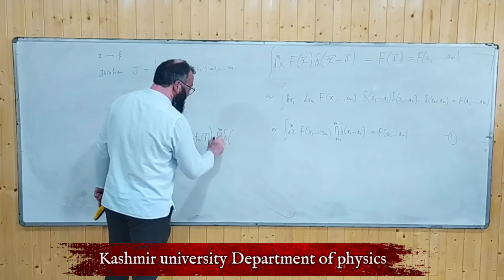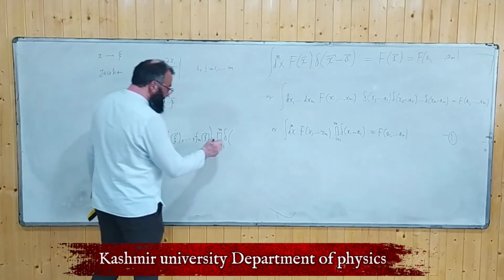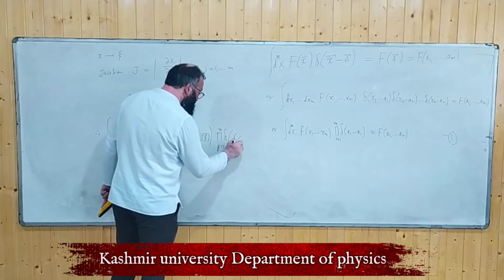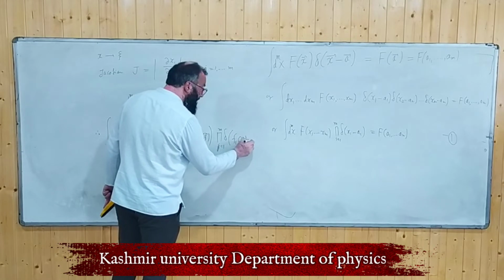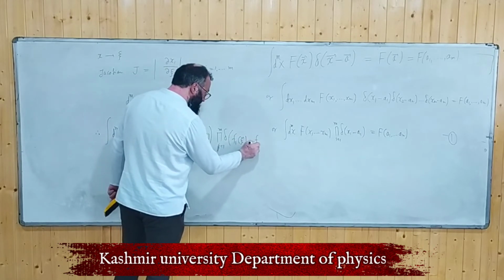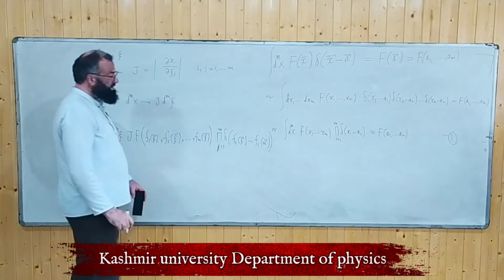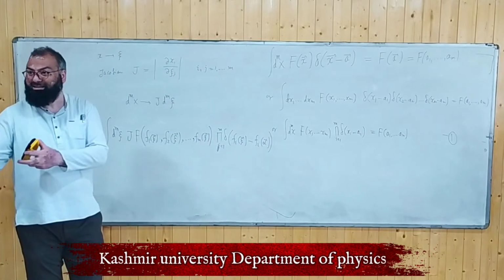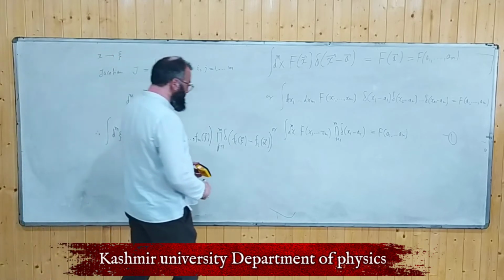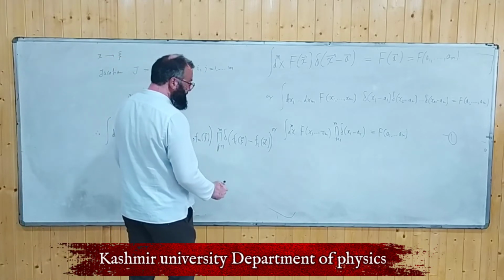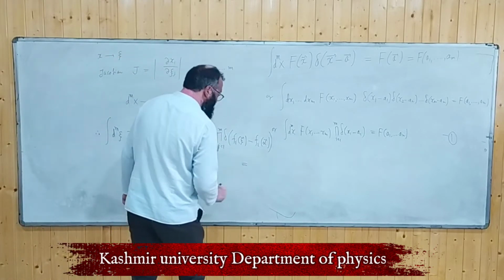What about these delta functions? Now what is xi? xi is simply fi of zeta, minus what is ai? It's again fi but of alpha, because the ai's are related to alpha, is it? So what is that equal to?